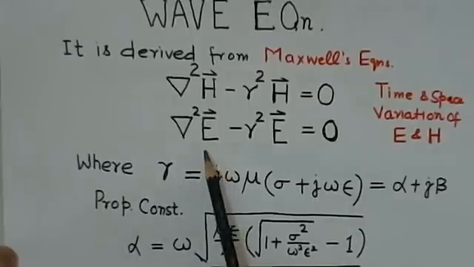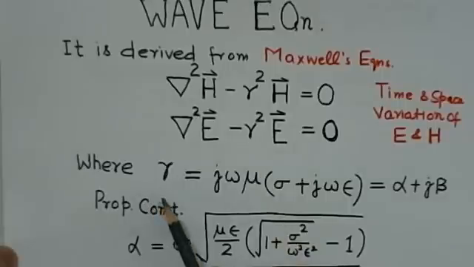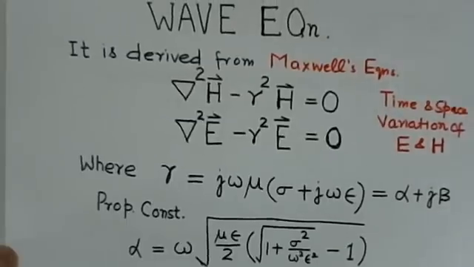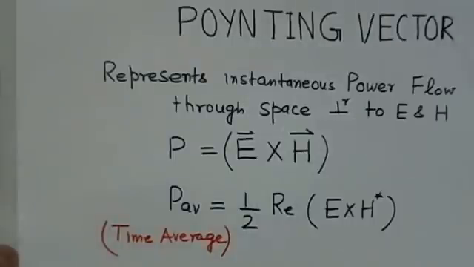So these governing wave equations have been written here. The propagation constant gamma is given here as alpha plus j beta, and alpha and beta are given in terms of the different parameters of the medium through which the waves are propagating.